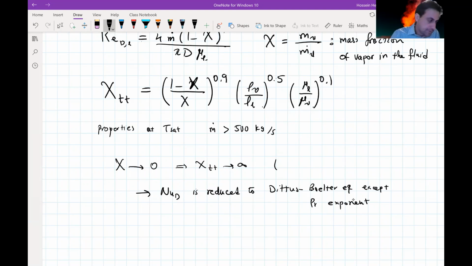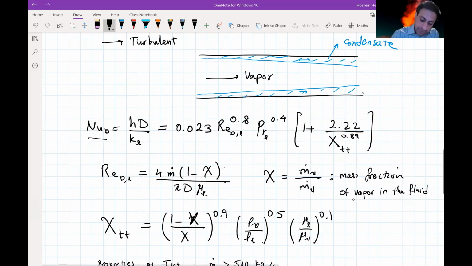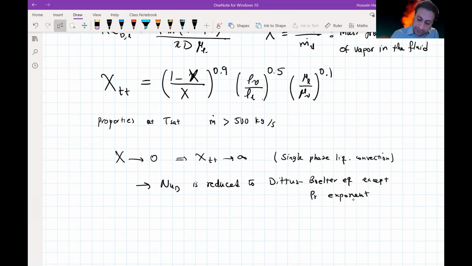This is the case when we have only single-phase liquid convection. The heat transfer inside the tube can be enhanced by adding fins inside the tube, so we would have more surface area provided for the condensation.